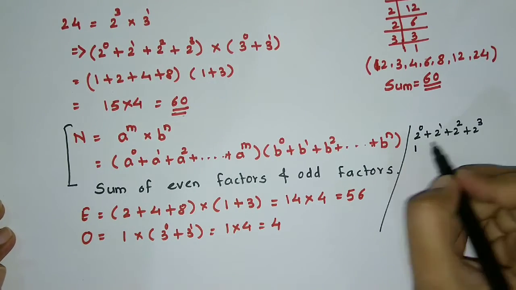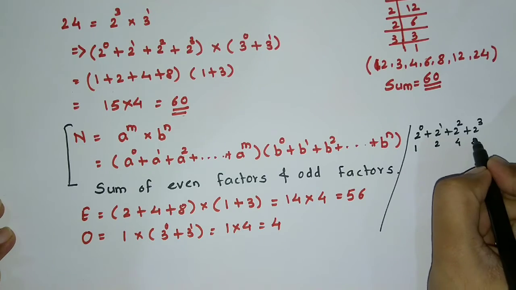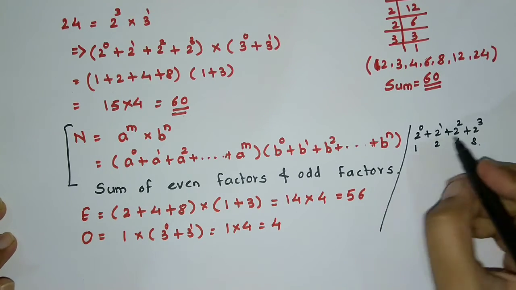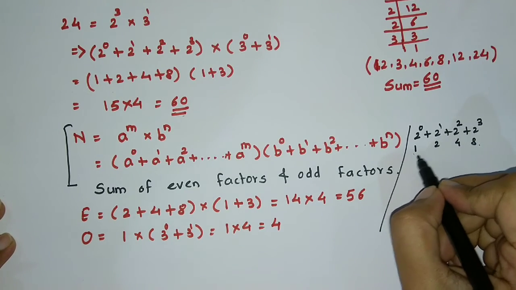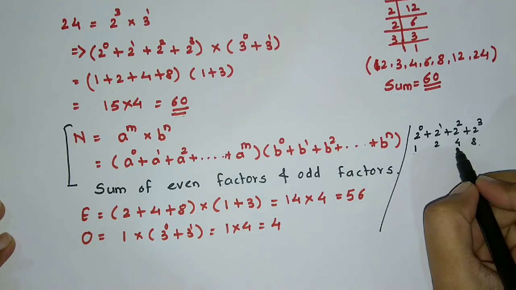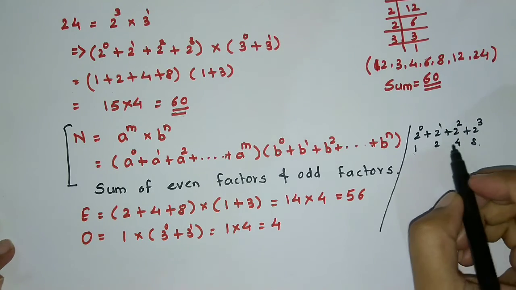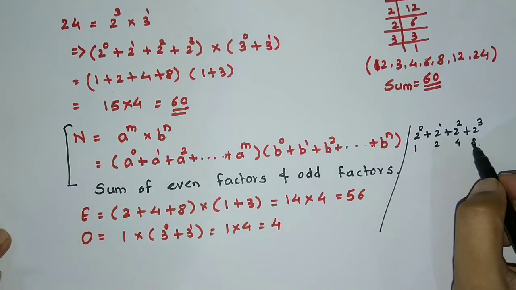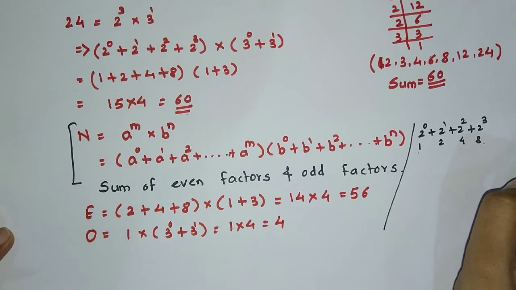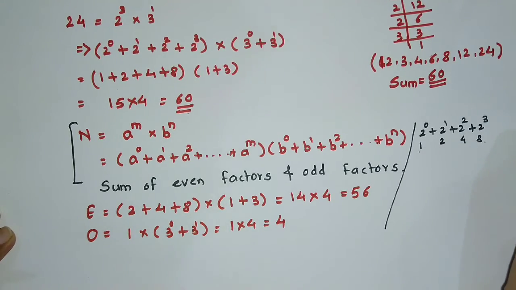This is 1, this is 2, this is 4, this is 8. It means in this series, when we multiply 1 by 2, we get 2, 2 into 2 is 4, 4 into 2 is 8. So every number is increasing with a multiple of 2.